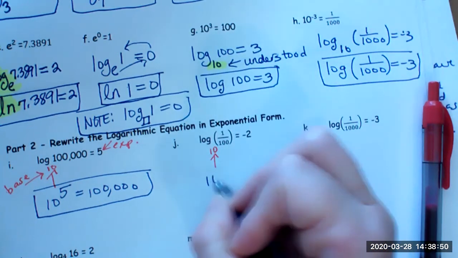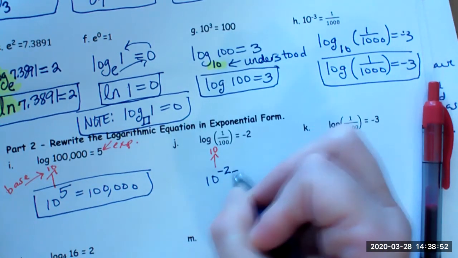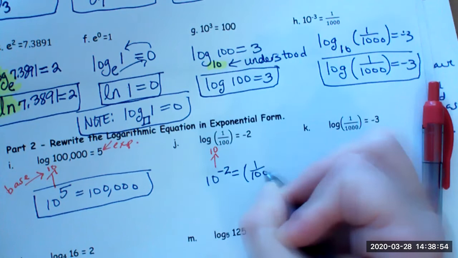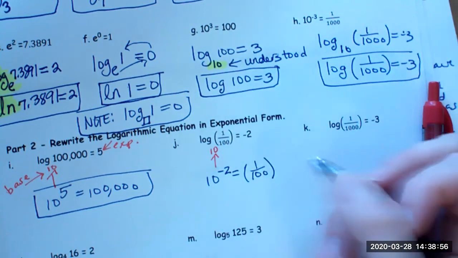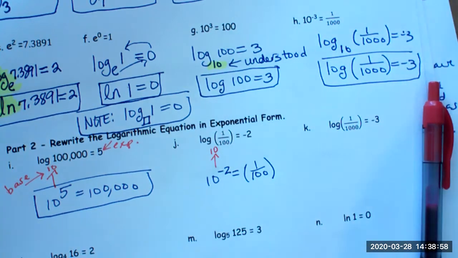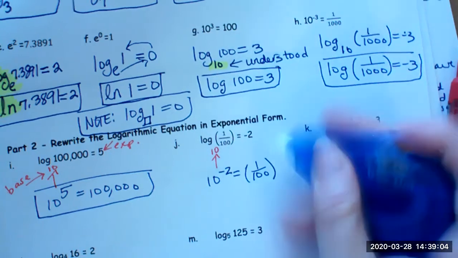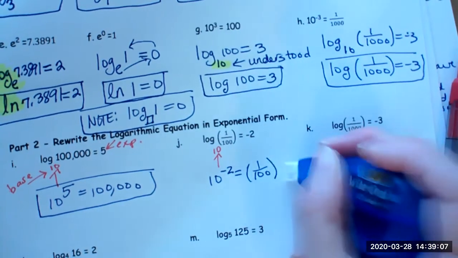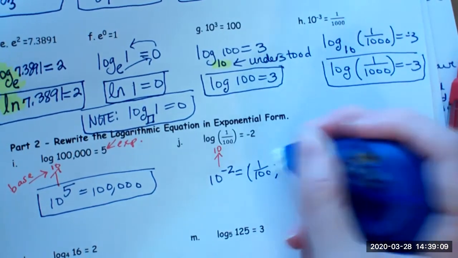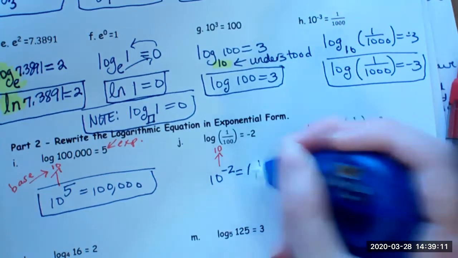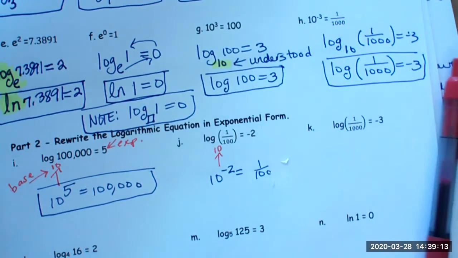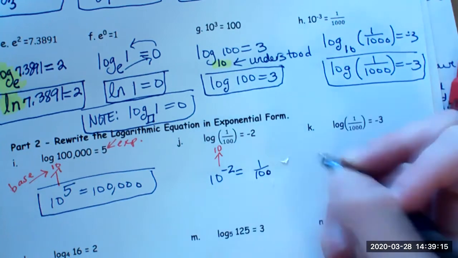And we'll say 10 to the -2 equals 1/100. Okay? And actually, I could leave out those parentheses here. These are optional. Either way, it doesn't make any difference. Okay, so just 10 to the -2 equals 1/100.